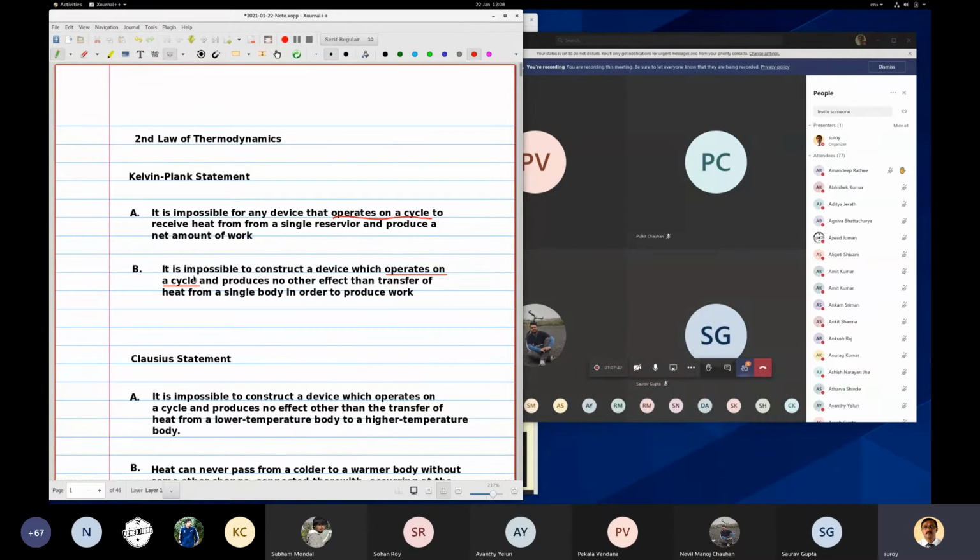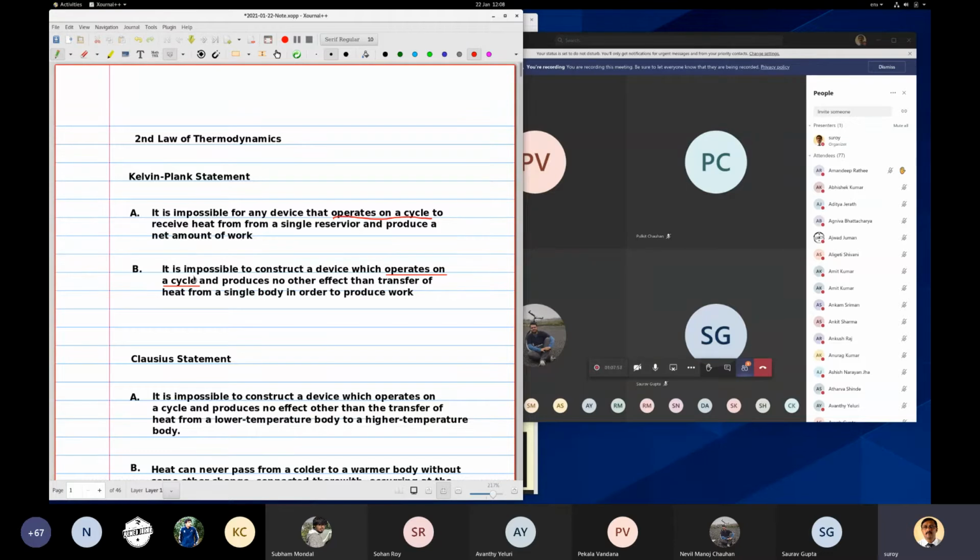It is another way of saying the same thing. It is impossible to construct a device which operates on a cycle and produces no other effect than transfer of heat from a single body in order to produce work.